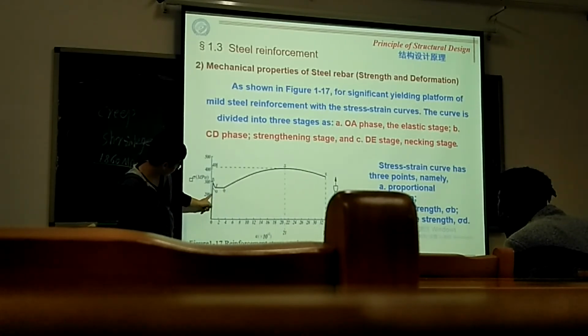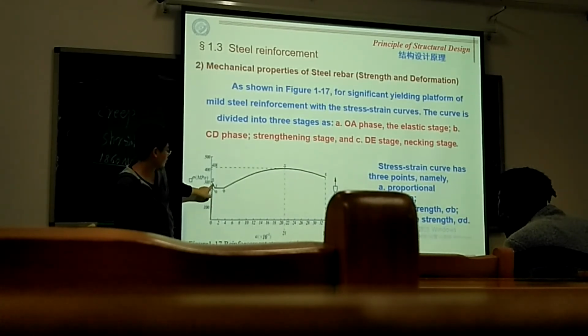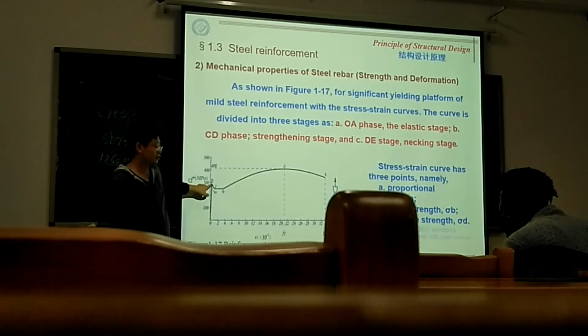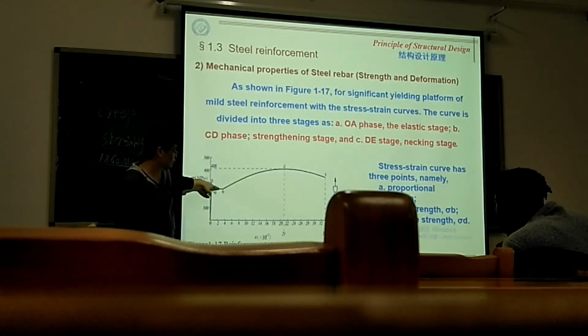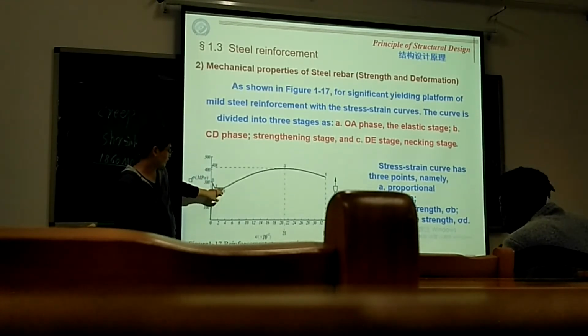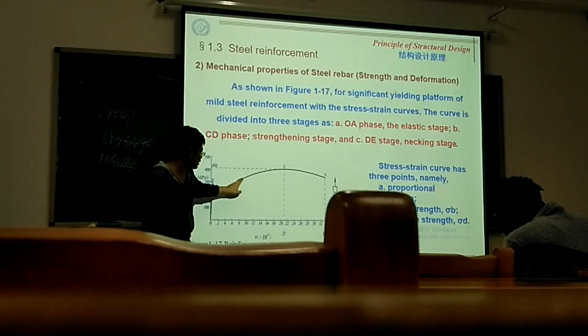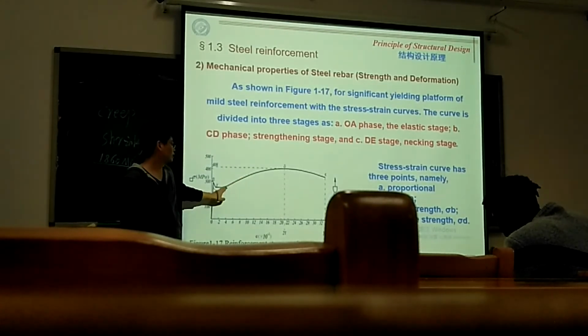And now the curve is not a straight line, it becomes a curve. And at this point, okay, now here is the yielding strength. Even if the force doesn't increase, the deformation will increase quickly to here, and then with the increase of the deformation, actually the stress also increases.